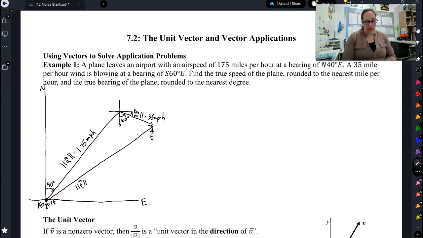So let's start by finding our true speed. I want the magnitude of this vector. Well, there are a couple things I could fill in here. Number one, I could use my law of parallel lines, meaning that this line and this line are parallel. So the alternate interior angles of parallel lines will be the same.